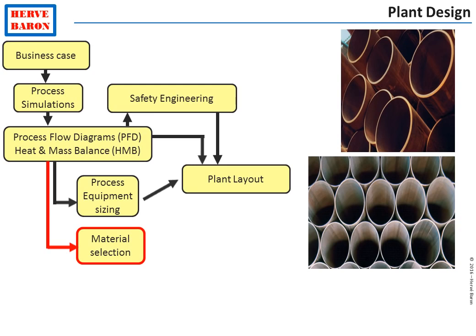The heat and mass balance allows to identify all types of fluids and their conditions in the various pieces of equipment and pipes of the plant. This, in turn, allows to select the proper materials of construction. Stainless steel will be selected for highly corrosive surfaces, whereas ordinary carbon steel will be selected when corrosion is not an issue.